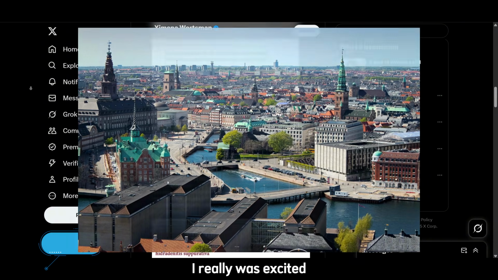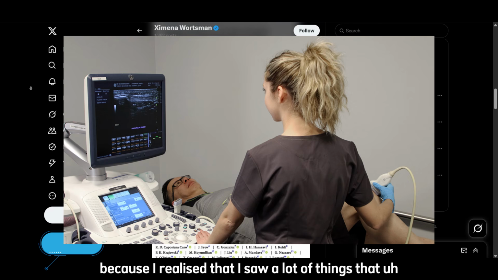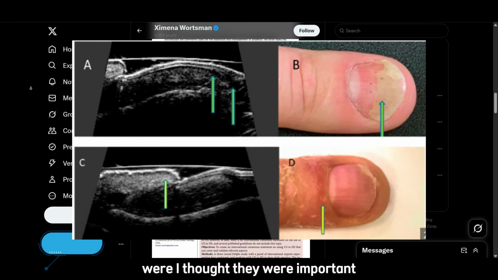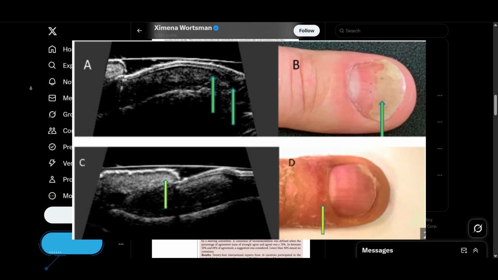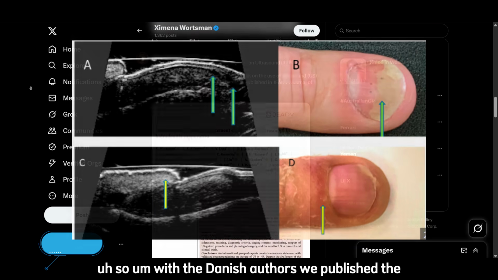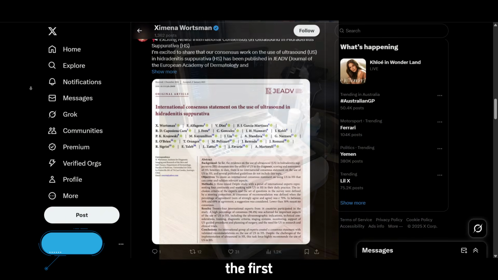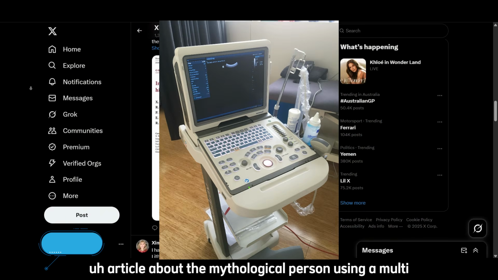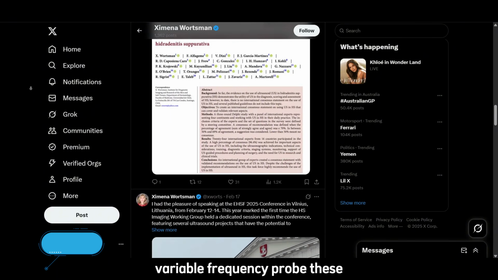And I really was excited because I realized that I saw a lot of things that I thought were important. With the Danish authors, we published the first article about dermatological ultrasound using a variable frequency probe.